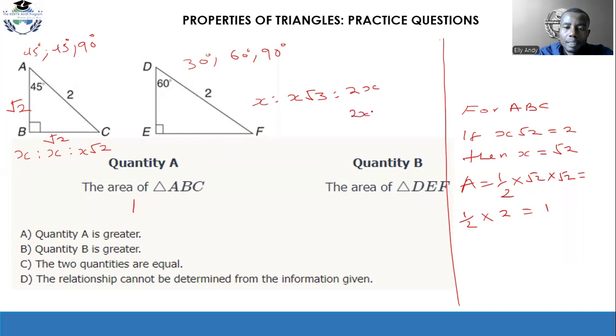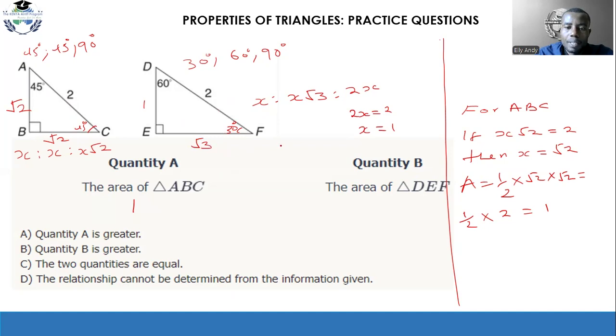So 2x is 2, meaning x is 1. So we'll have here 1, because it's the shortest side opposite 30. Don't forget about that. Then we'll have the side opposite 60 as x root 3, which is root 3.